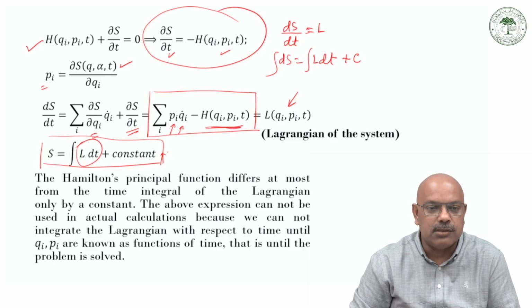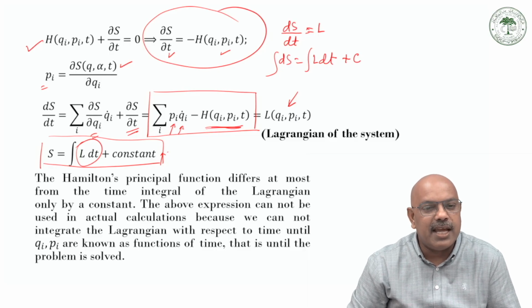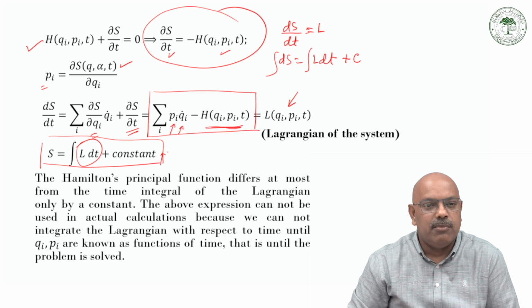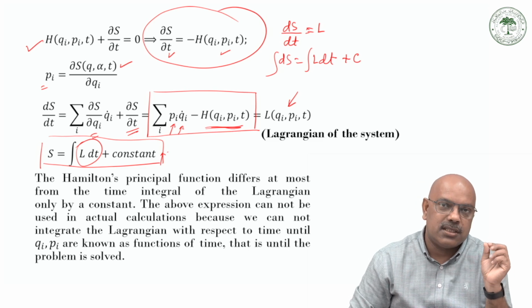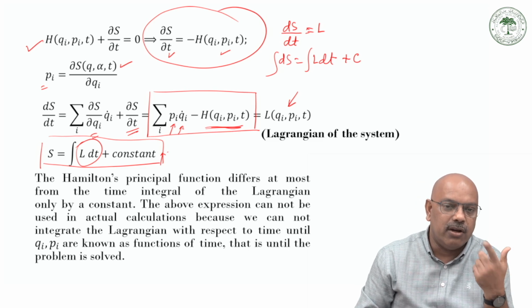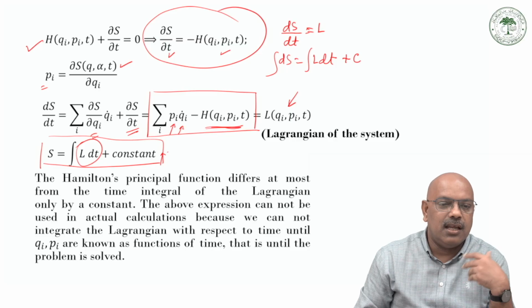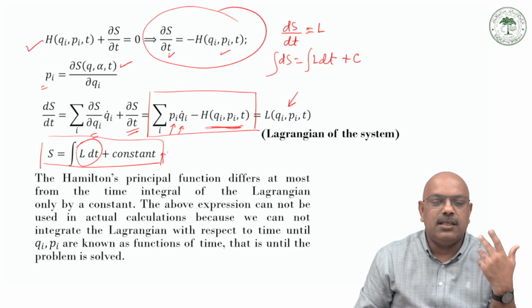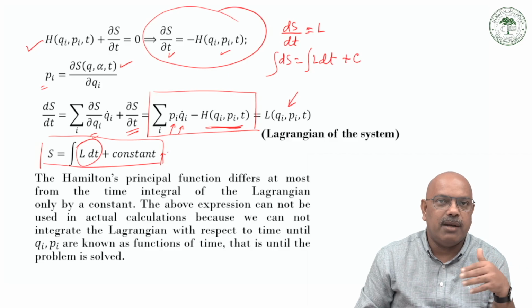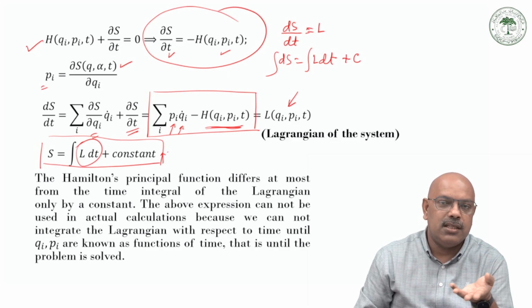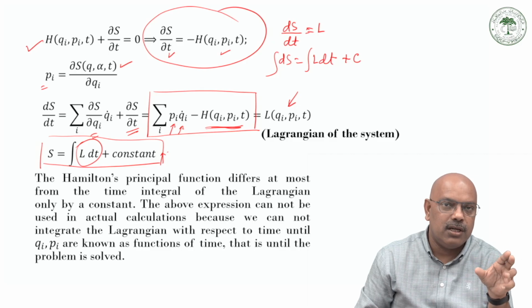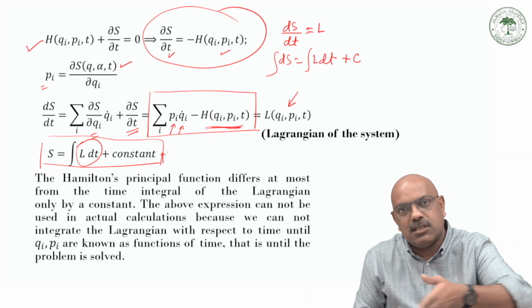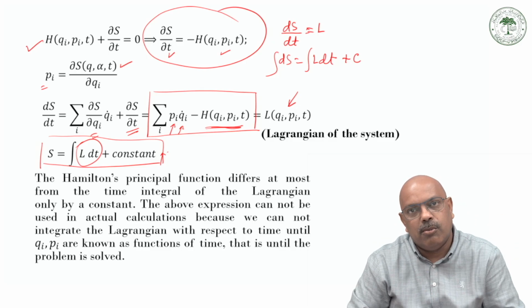But you cannot do this, because you cannot integrate the Lagrangian with respect to time, because the Lagrangian depends upon the generalized coordinate and the velocity. So unless you know these quantities as a function of time, that is, until the problem is solved, beforehand you don't know this. So this is why in Hamilton-Jacobi theory you need the transformation of the system when your Hamiltonian depends upon time.